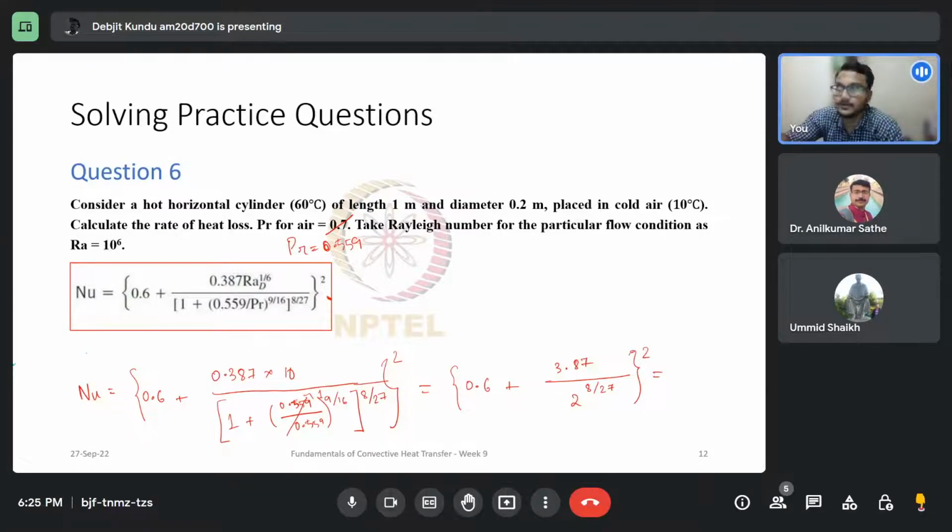Can you please do this calculation and let me know what the value of Nusselt number comes down to be? My answer is 14.63 something. Can you please confirm whether this is right?